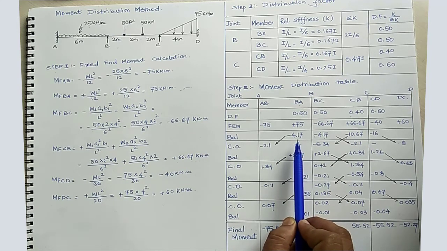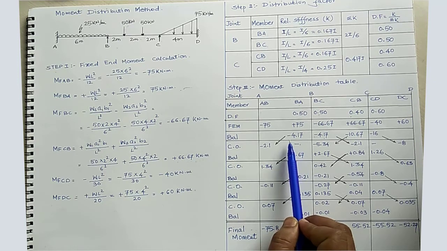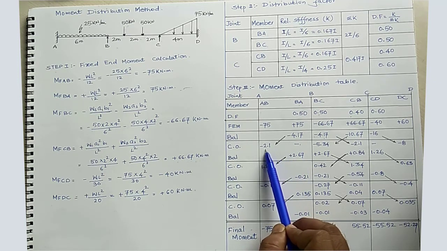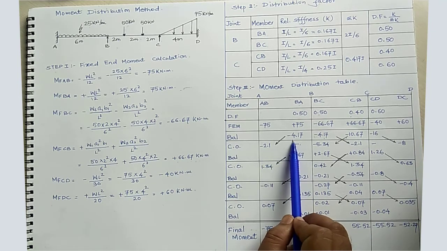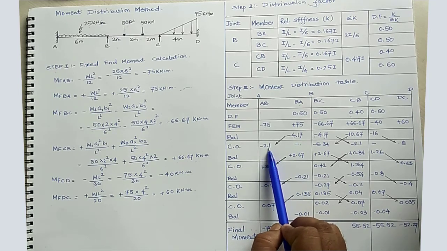So we will give the 50% moment of BA to AB, as support A is the fixed one. So it has the tendency to take 50% of the moment from the nearest end. The nearest end of AB is BA. So 50% of this minus 4.17, which is minus 2.1, is taken up by the AB member from the BA member.